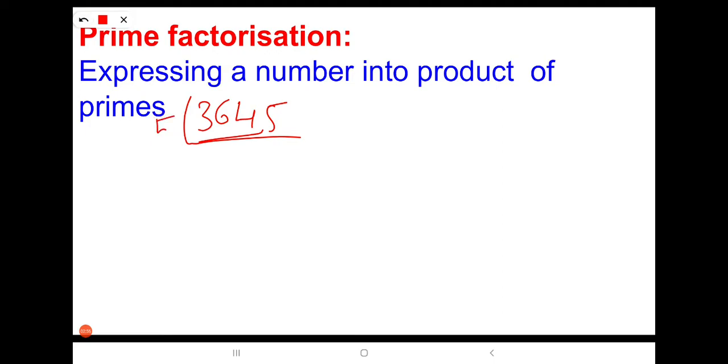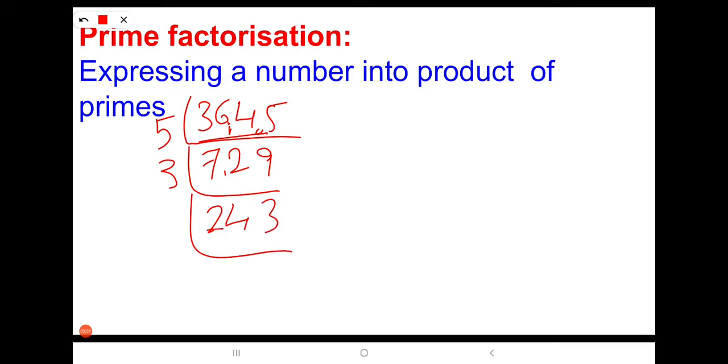I'll start with the 5 table. 5 sevens are 35, 1 is carry, 5 twos are 10, what is the remaining? 4 remaining, 5 nines are 45. Next, coming to the 3 table, 3 twos are 6, 1 is remainder, 3 fours are 12, and 3 threes are 9. Again take the 3 table, 3 eights are 24, 3 ones are 3.